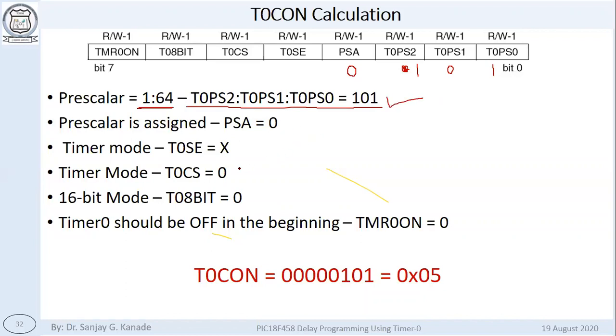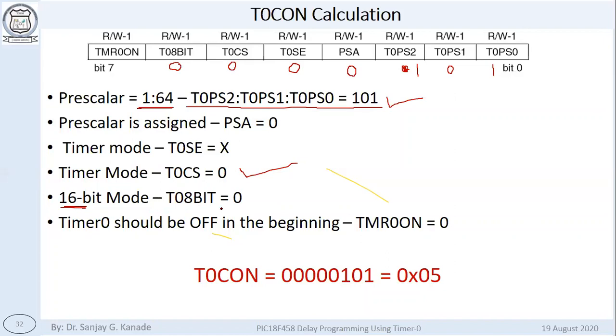We are using timer mode, so T0CS is equal to 0, and in timer mode T0SE has no meaning because there is no question of source edge. T0SE is used whenever an external clock pulse is used with timer 0, but here we are using the internal clock pulse. T08BIT is again 0 because we are using the timer in 16-bit mode.